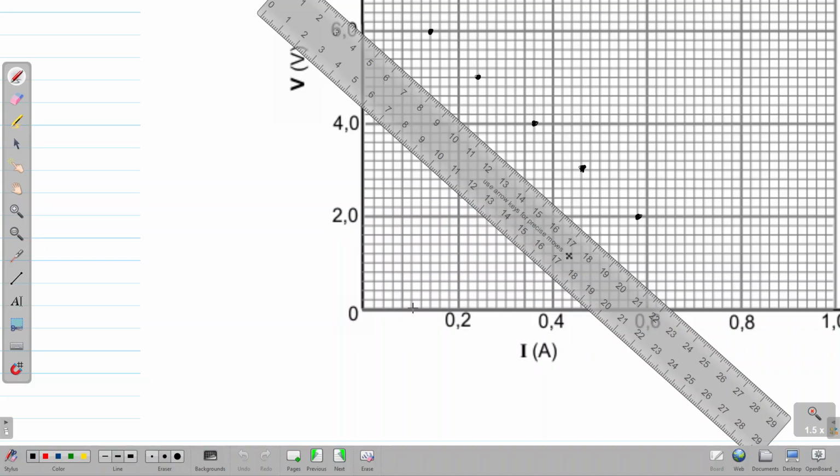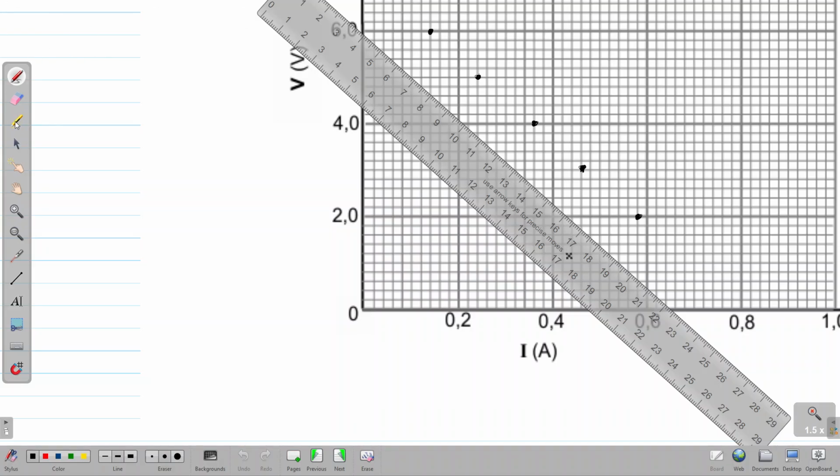So 0.1 is here. On the y-axis, since this is 2, these grid lines are 0.2: that's 0.2, 0.4, 0.6, 0.8, and that's 1, and then 1.2, 1.4, 1.6, 1.8, and that's 2. And then you can plot all these points here.